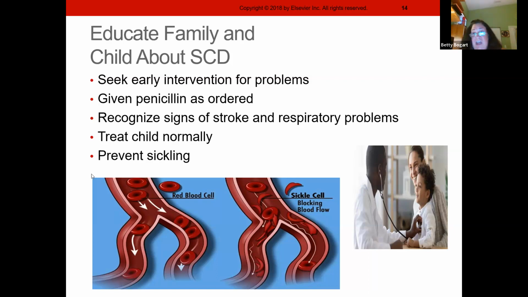And it could be in the chest, and it could mimic something like a blood clot, a pulmonary embolus. So these things we need to look at. Now, these kids, they can lead a normal life as long as they're taking their medicines, that if they have symptoms, get treated quickly, and keeping themselves hydrated.